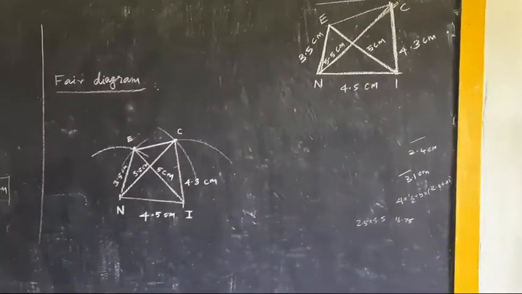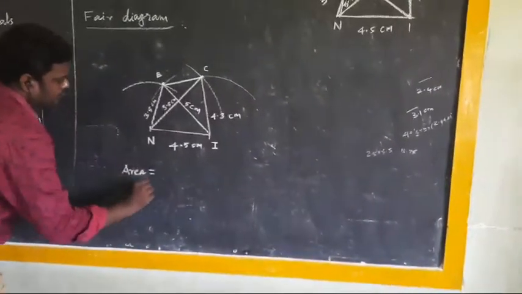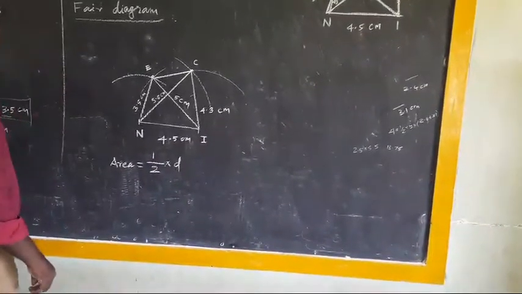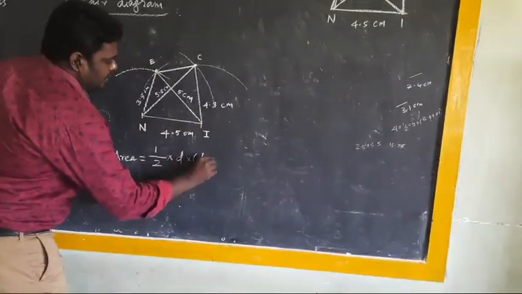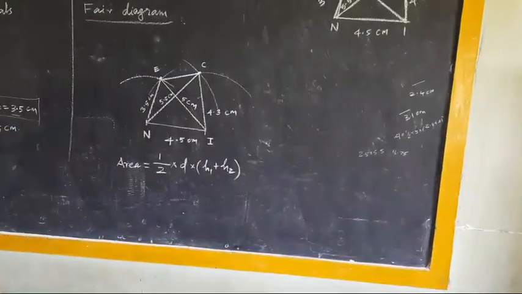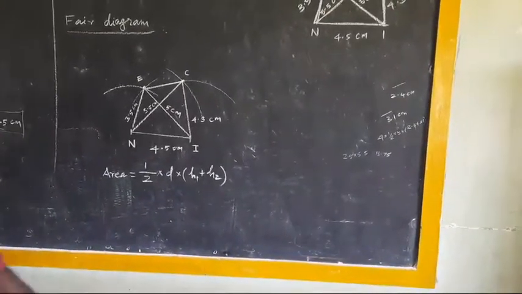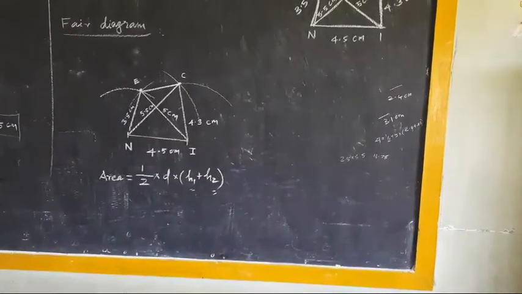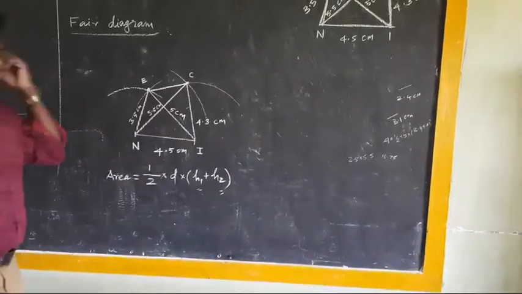Next we are going to find the area of the quadrilateral. The area of the quadrilateral is half into diagonal, and we take any diagonal, into h1 plus h2. Listen carefully how to draw h1 and h2. It's very important. Many students get confused drawing h1 and h2. I am using a square set here.